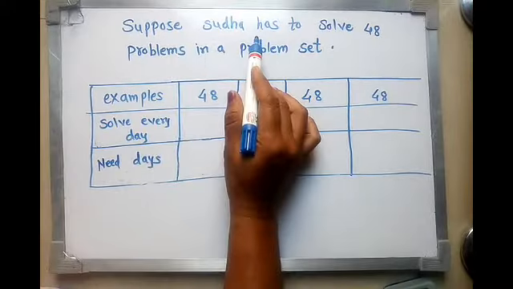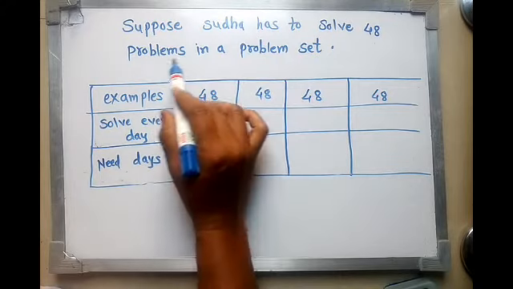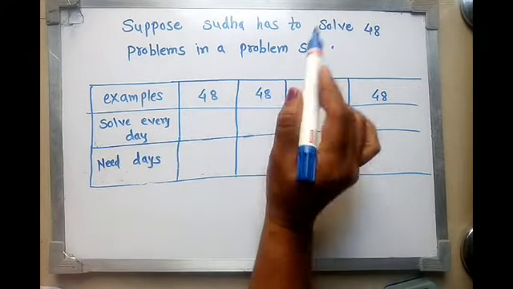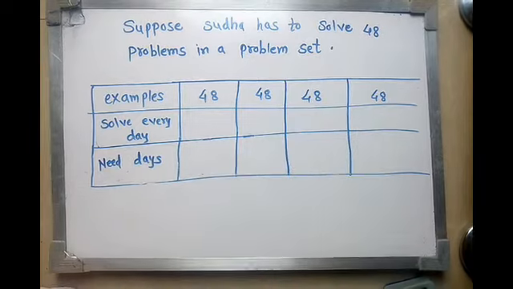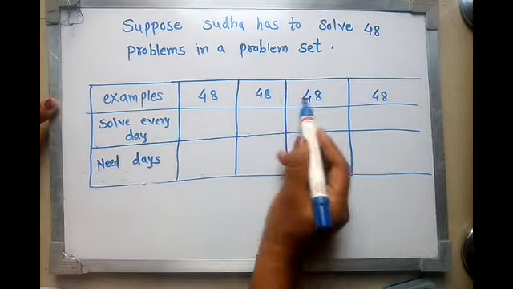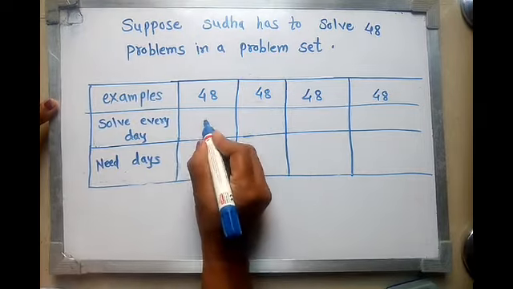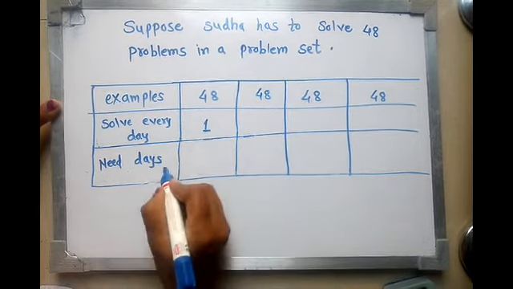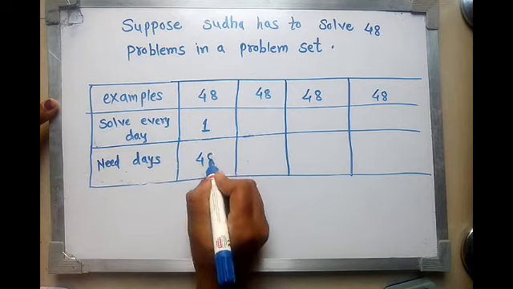See this example in the chart. Suppose Sudha has to solve 48 problems in a problem set. Problems solved every day and days needed. One problem every day needs 48 days.